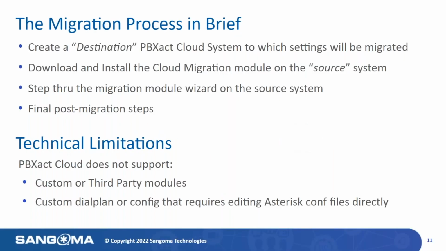So in brief, we will create a destination server running on PBXact Cloud to which we will migrate our settings. We will download and install the cloud migration module that runs locally on the source system. We'll step through the migration module wizard on the source system, which goes through the process of ensuring that all the local settings are bundled up and transferred to the remote system.